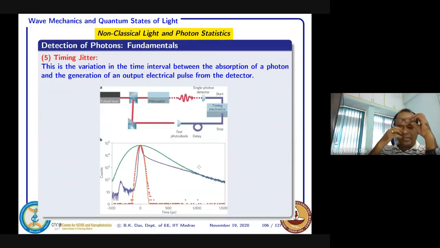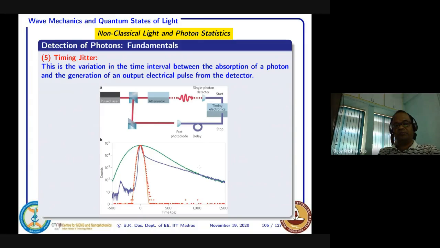And then another thing is the timing jitter. Timing jitter is another important parameter. That is how we have to decide the exact timing of the arrival at the photodetector.